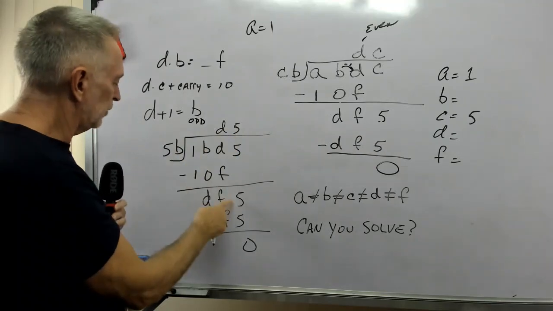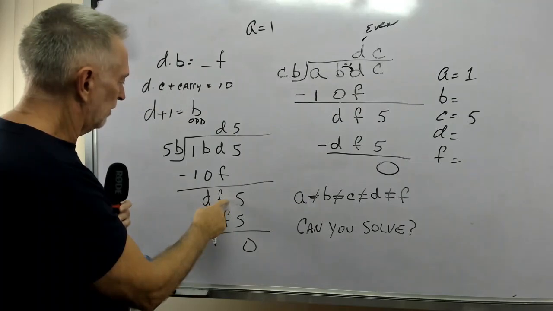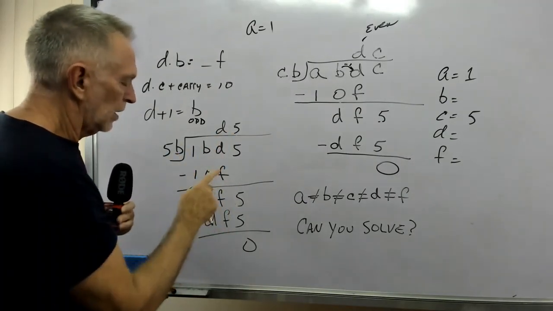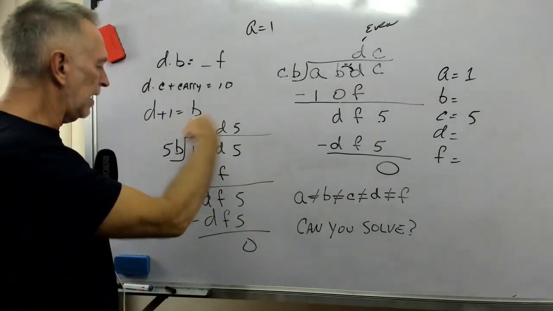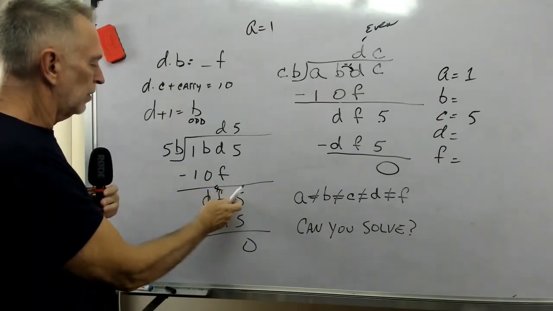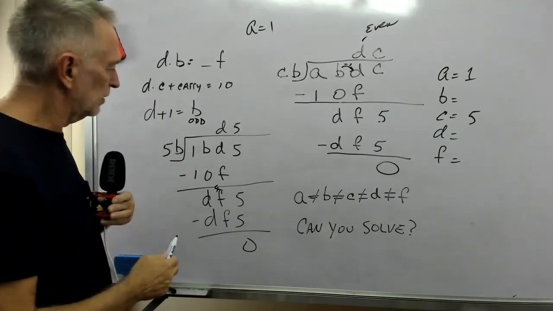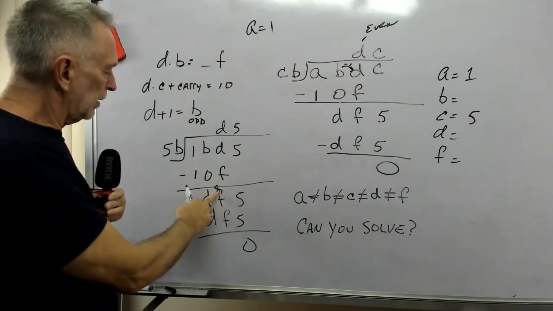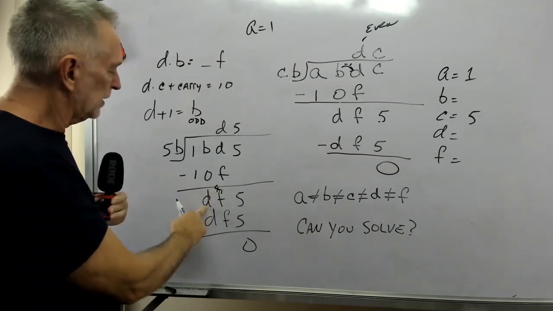5 times 5 would be 25. 5 times 7 is 35. 5 times 9 is 45. But you'll notice 45, the largest carry I can have would be 4. Sorry for the barking dogs outside. Okay, so the largest carry is 4. 5 times 5 would be 25 plus 4 would be 29.